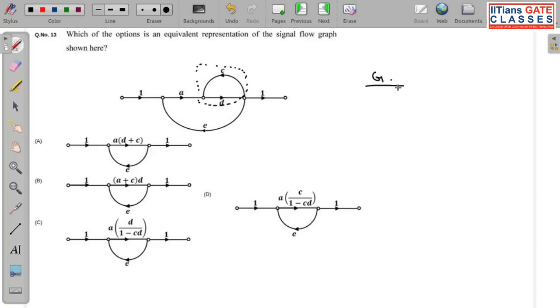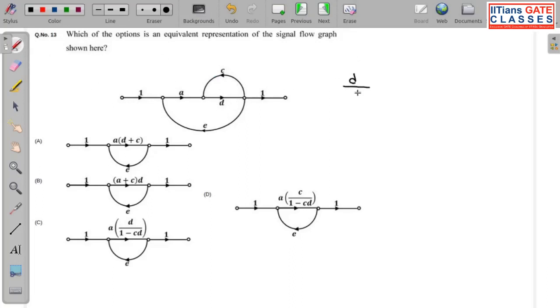Even if I write the formula, it is G divided by 1 minus GH for positive feedback. So what is G here? G is D. Directly from the SFG, what is the forward path gain?